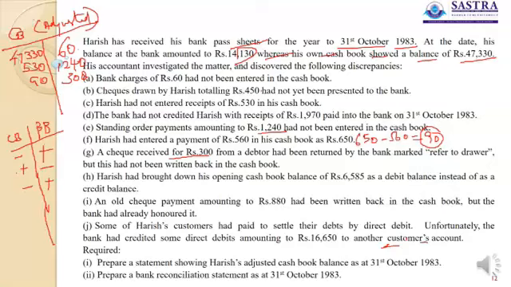In this case, such income had not been brought to the notice of the customer, so that decreases the cash book balance. So the bank balance is minus, and it might be brought to the notice of customers and entered in the cash book too.